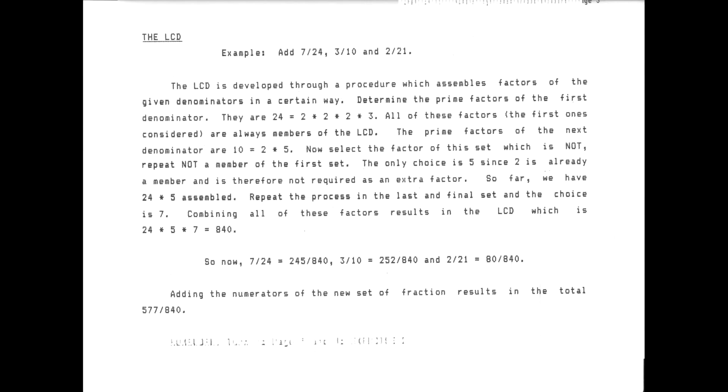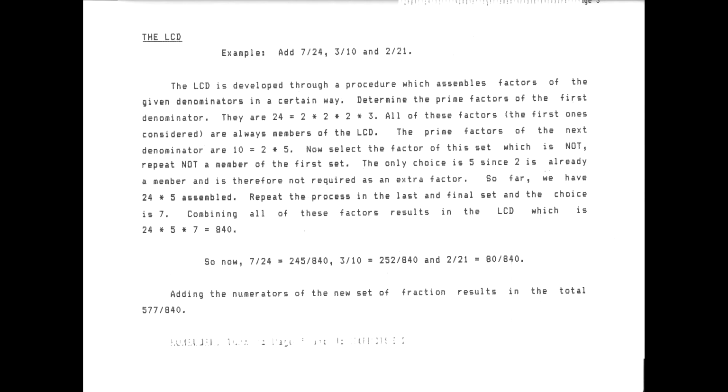Next, check the list of the second set of prime numbers of your second fraction and ask yourself the question: what prime factors in the second list is not present in the first list that you started? Well, 2 is already there, so you don't have to add this 2 to the list, but 5 is not, and so you will have to add 5 to your list.